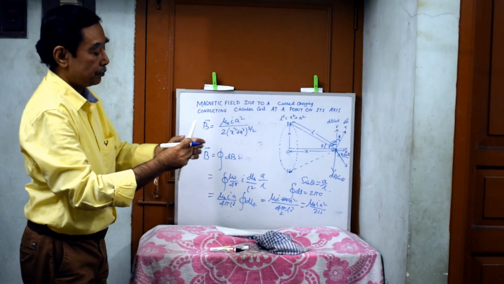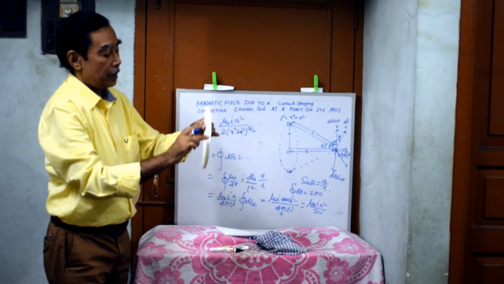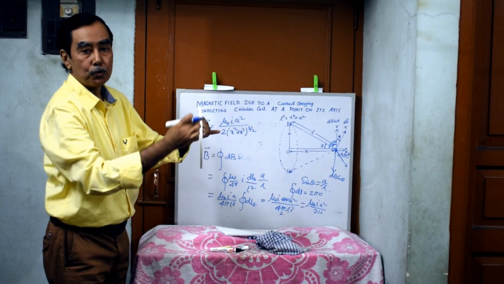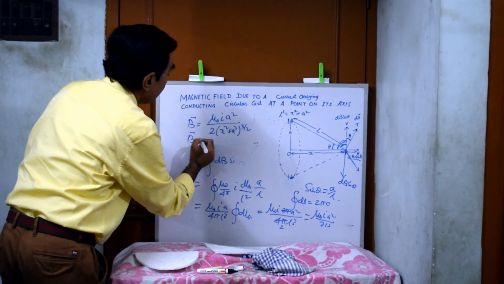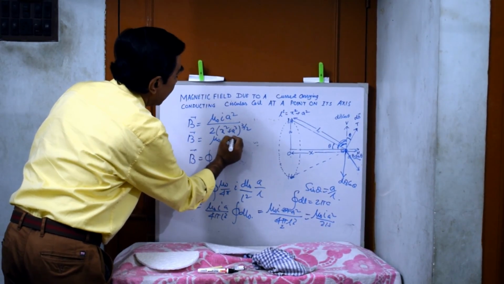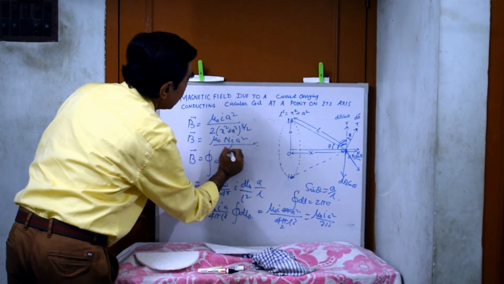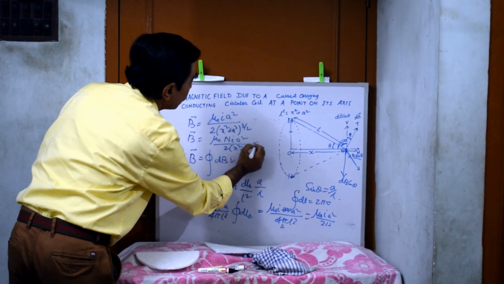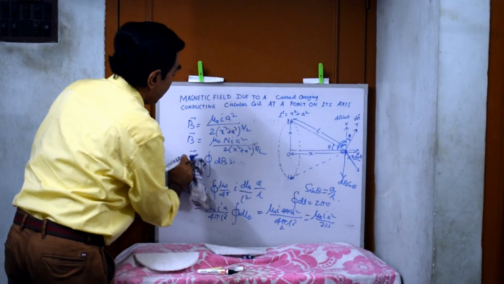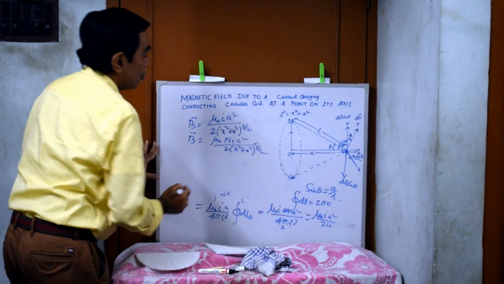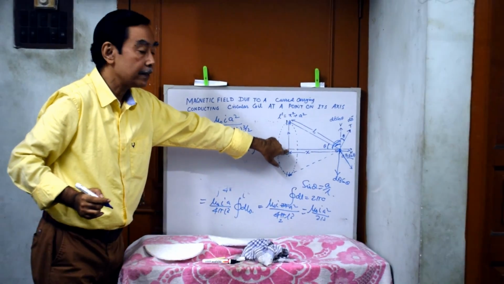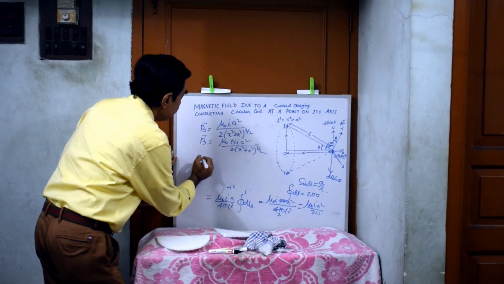If we are now considering a coil of n turns, closely packed, then B is equal to mu 0 n I a square by 2 into (x square plus a square) whole to the power 3 by 2. If we require the magnetic field at the center, then x equals 0.